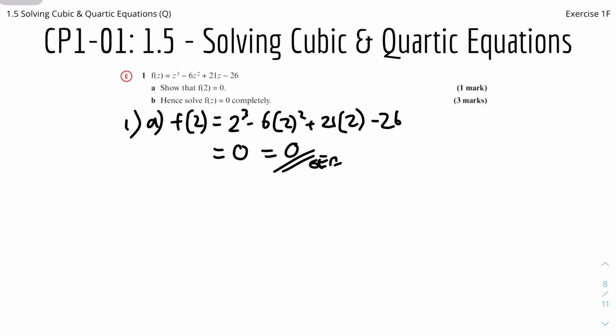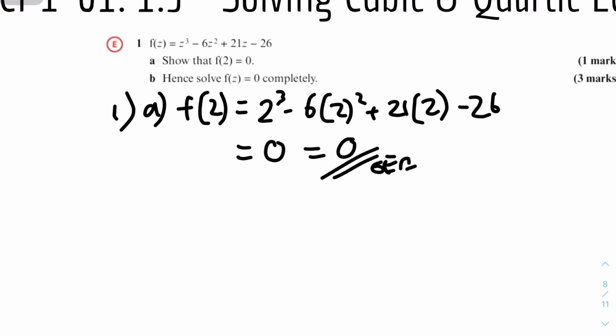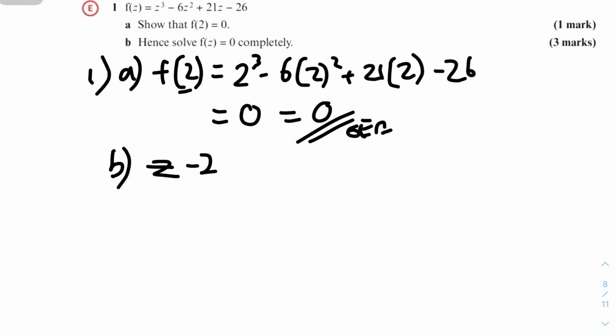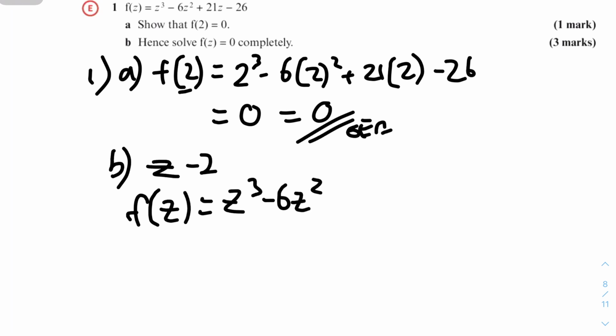And part B, hence solve f of z equals 0 completely. So we know that f of 2 is equal to 0. That means the 2 here is a factor, so z minus 2 is a factor of the original equation, right? So we can just rewrite f of z as this. f of z is equal to z cubed minus 6z squared plus 21z minus 26.